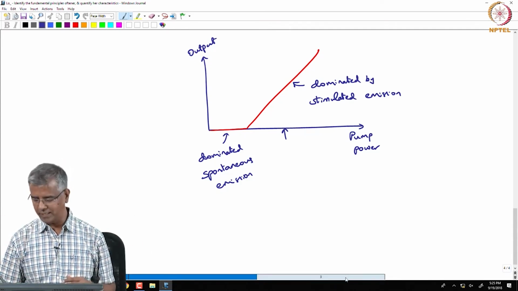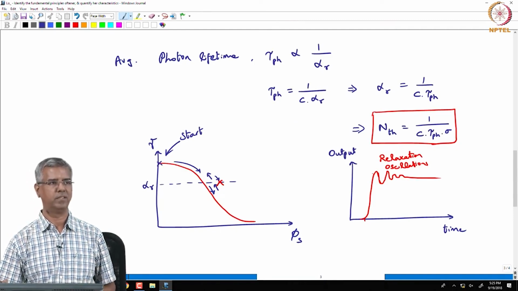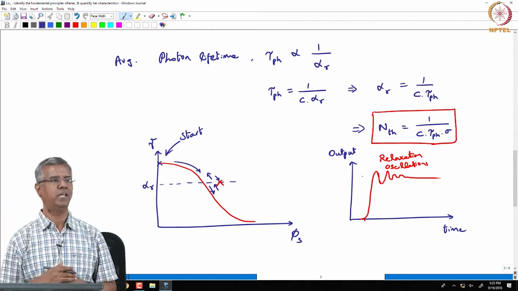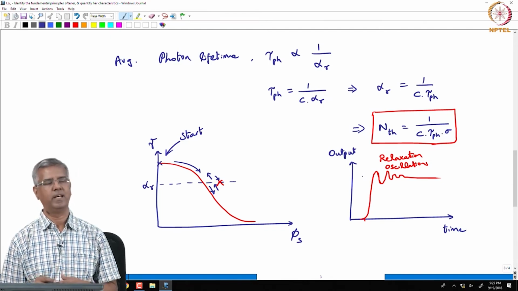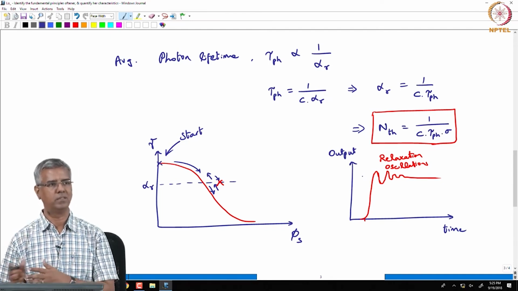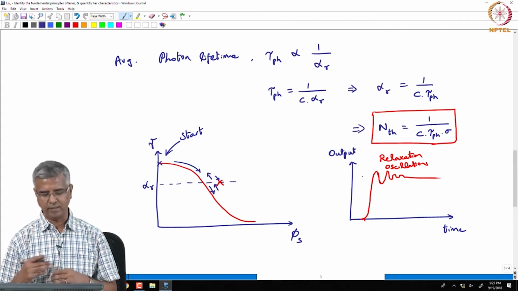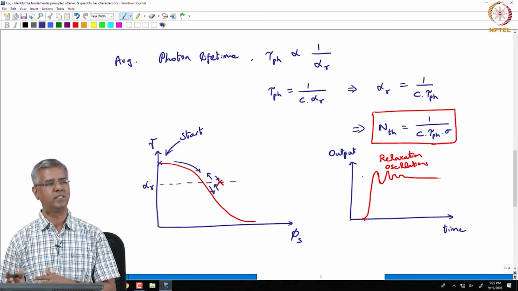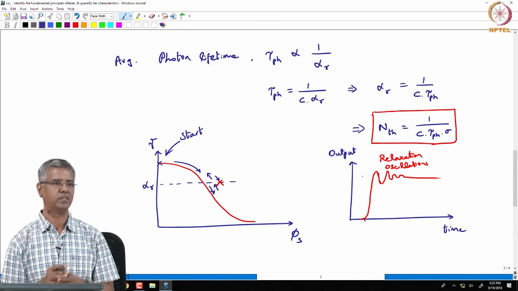So, there is a finite time over which the photons build up, and as they build up to a high enough value, they start saturating the gain, and because of that the number of photons decreases, and then because the number of photons has decreased, the gain medium is not as saturated, so the gain recovers.